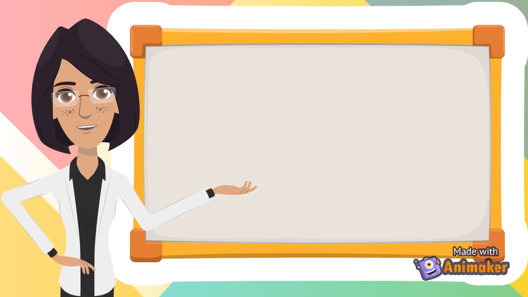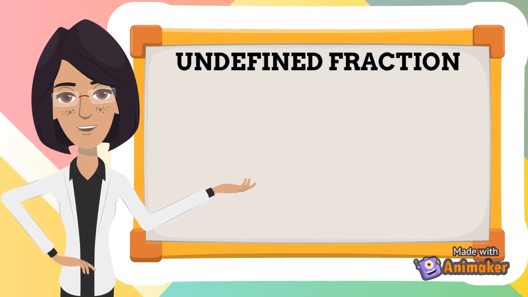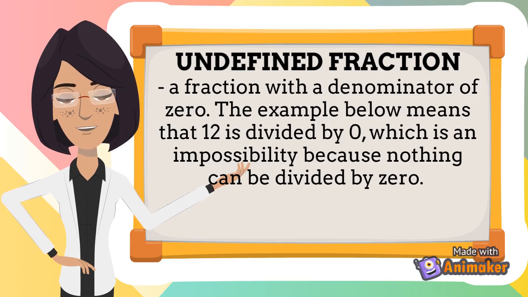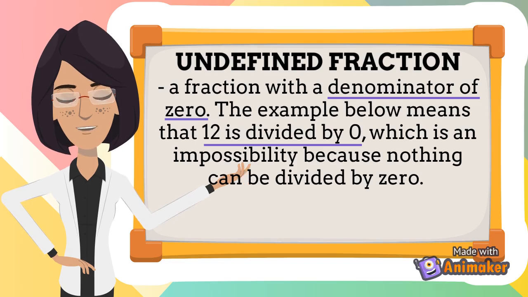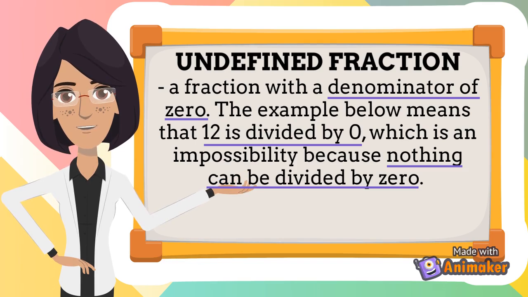The next one is undefined fraction. An undefined fraction is a fraction with a denominator of 0. The example below means that 12 is divided by 0, which is an impossibility because nothing can be divided by 0.